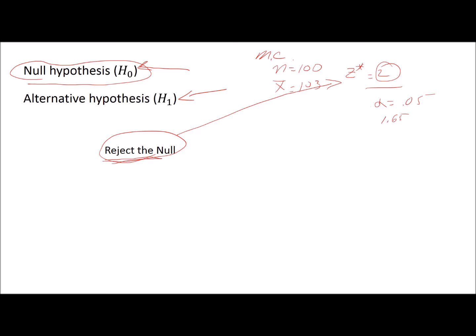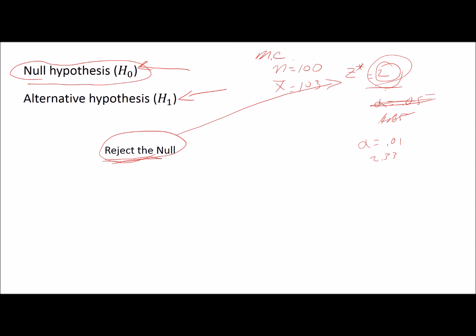But let's say this wasn't the alpha that we set, and this wasn't the decision rule. Let's say the alpha that we set was at 0.01. That would mean that the decision rule, or the cutoff point for our z-score, would have to be 2.33. Now, if we have a z of 2, we didn't quite make it.